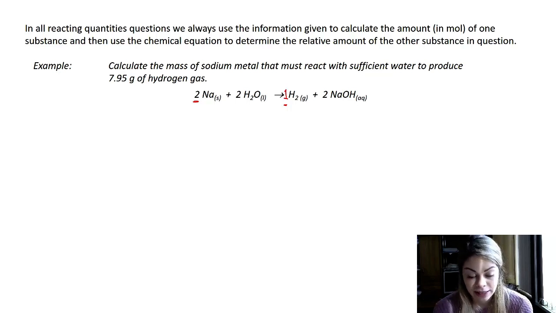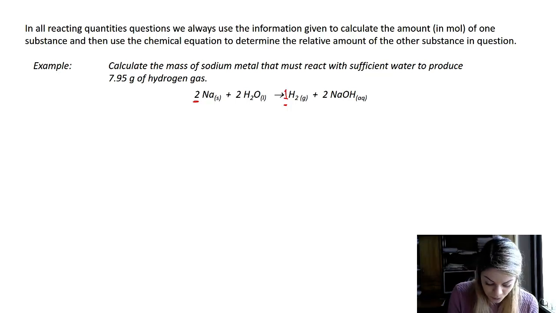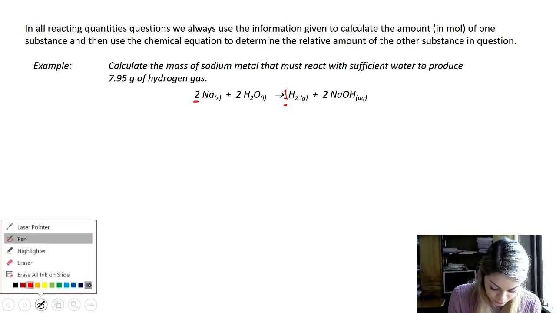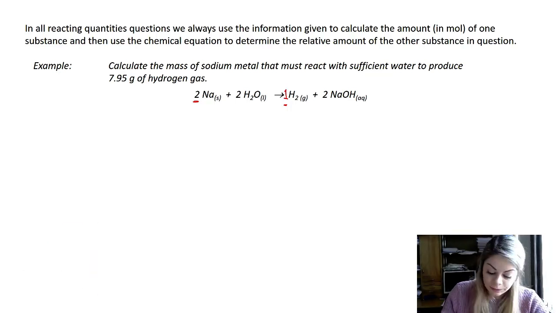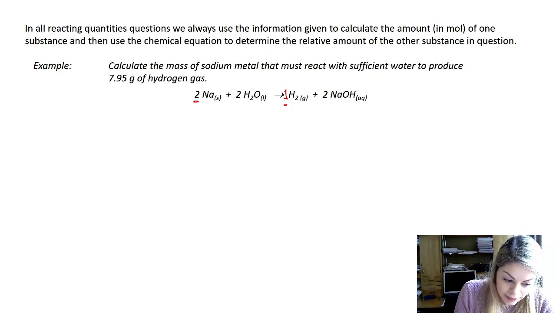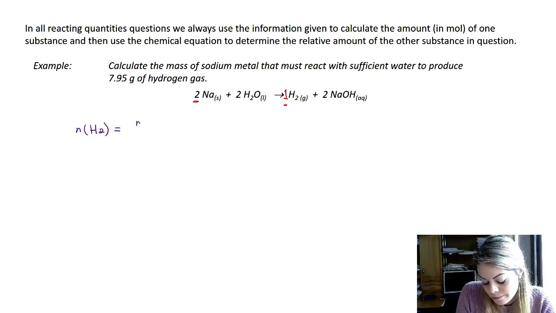So the first thing then that I need to do is convert this mass of hydrogen gas into how many moles of hydrogen gas it is. The number of moles of hydrogen gas is the mass divided by the molar mass.